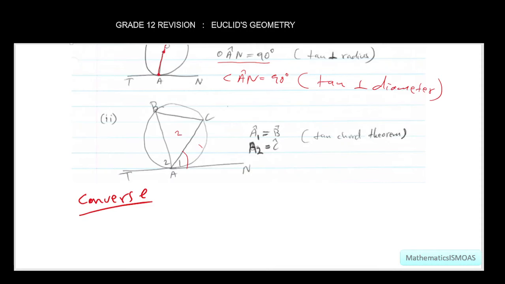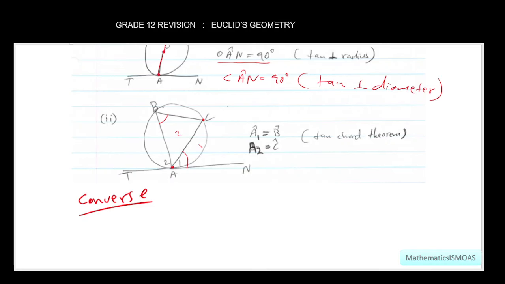The alternate segment is segment number 2. So any angle in segment 2, but that angle must be subtended by chord AC. That angle is angle B. Angle B is subtended by chord AC.